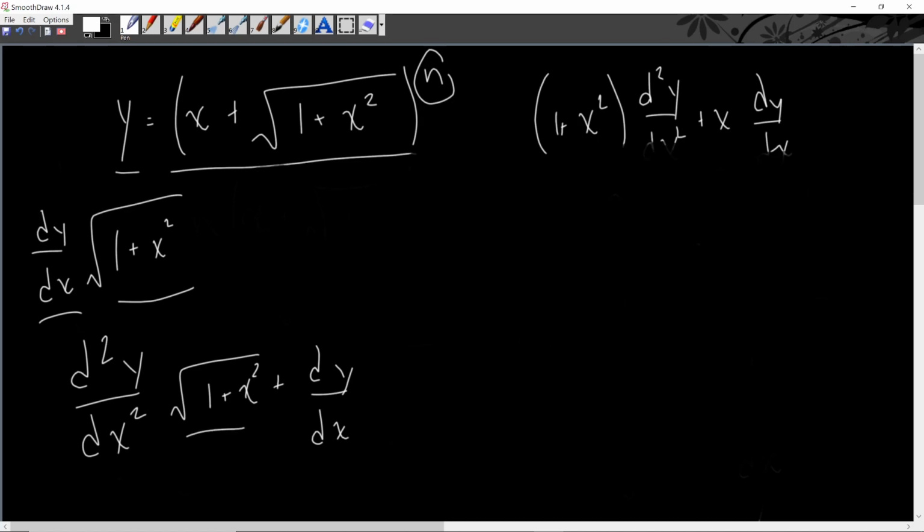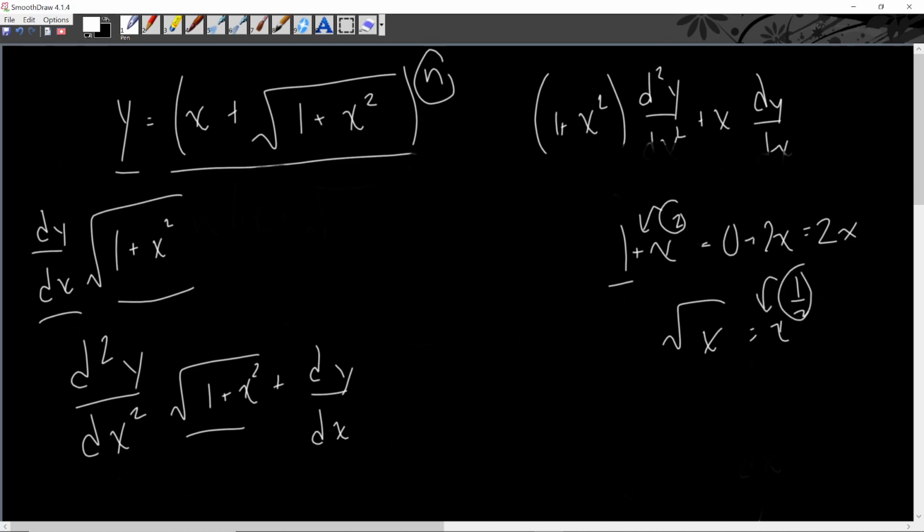So 1 plus x squared, again, derivative of 1 is 0. Bring that 2 out front. We have 2x to the 2 minus 1, so this is going to be 0 plus 2x, which is 2x. And then square root of x, we said, is equal to x to the power of 1/2. Bring that out there. 1/2 minus 1 is negative 1/2, so we have 1/2 times 1 over square root of x.